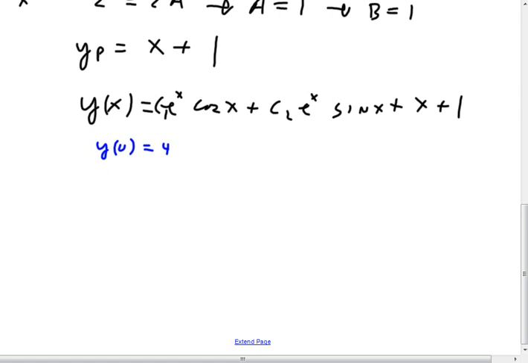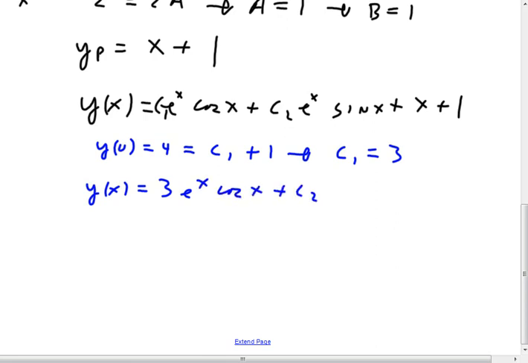Okay, so that's going to be c1 plus 1 is going to be 4, implying that c1 is equal to 3. Okay, so y of x is now 3 e to the x cosine x plus c2 e to the x sine x plus x plus 1.